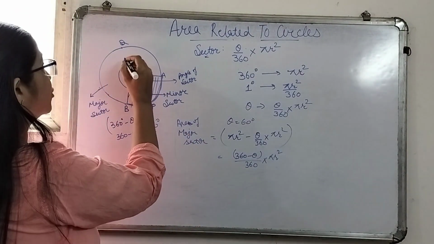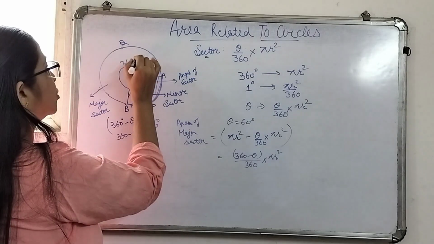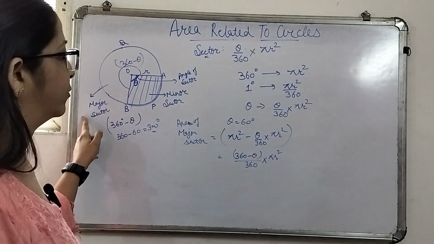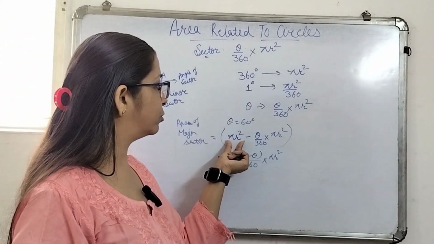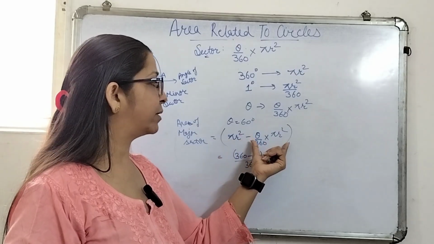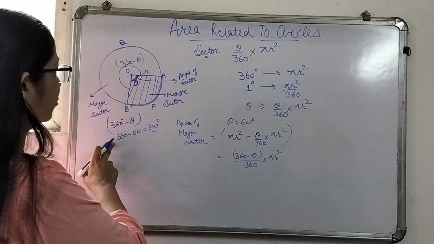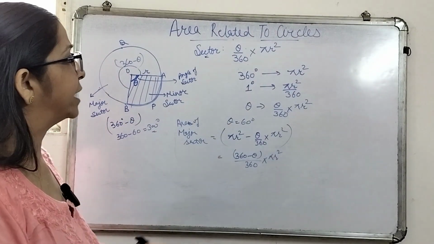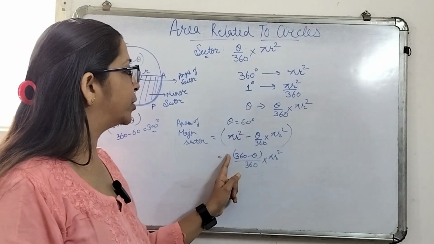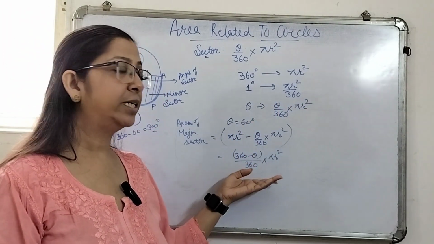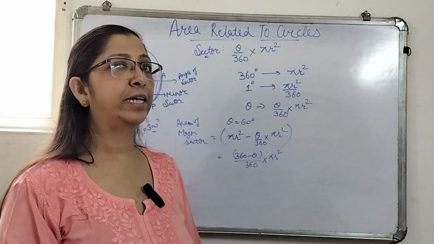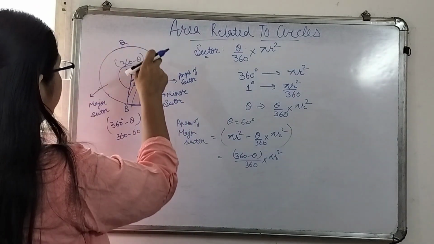So the area of this major sector will be given by either subtracting the minor sector's area from the whole circle area, or by taking the angle 360 minus theta, so it is 360 minus theta over 360 into pi r square, for getting the area of the major sector.